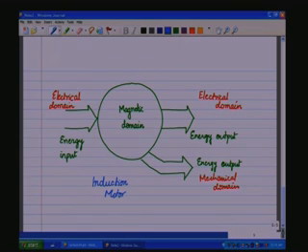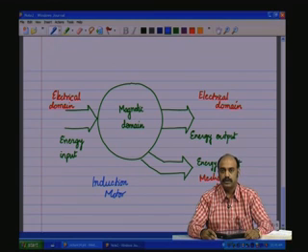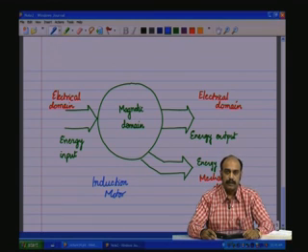The everyday pumps that you use for pumping water from the sump to the overhead tank, the motors used for cranes, fans and blowers are all induction motors.